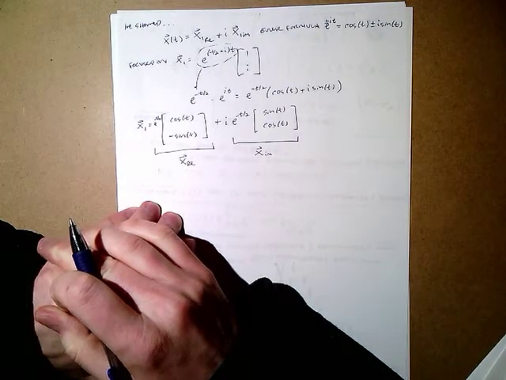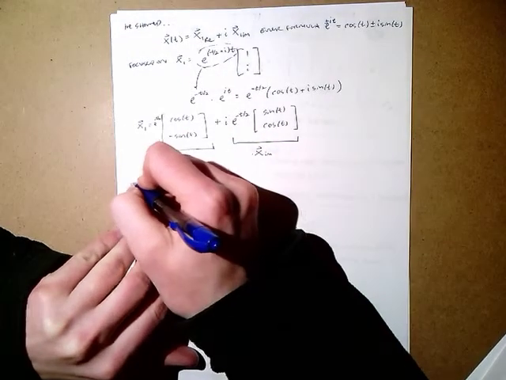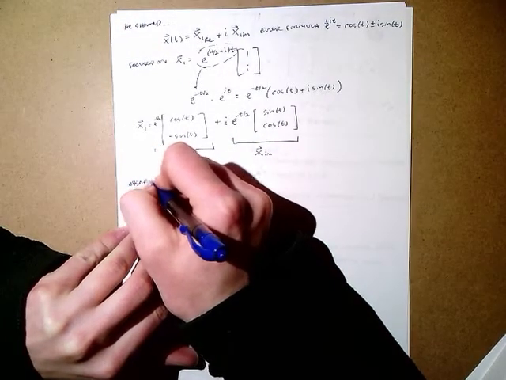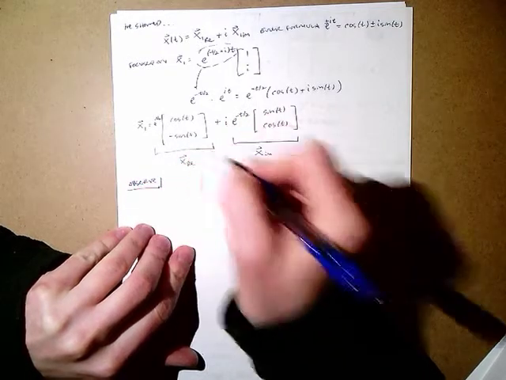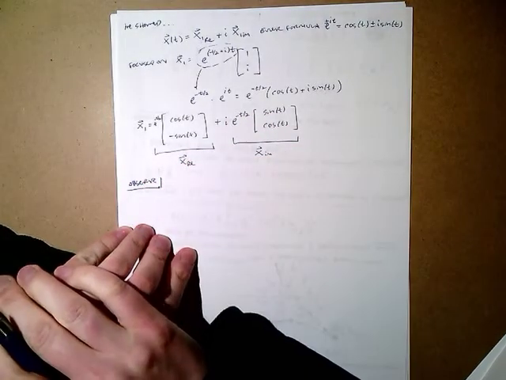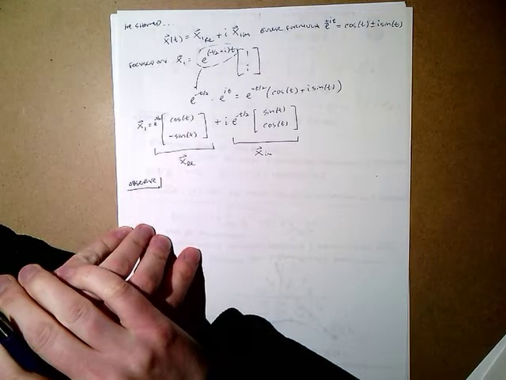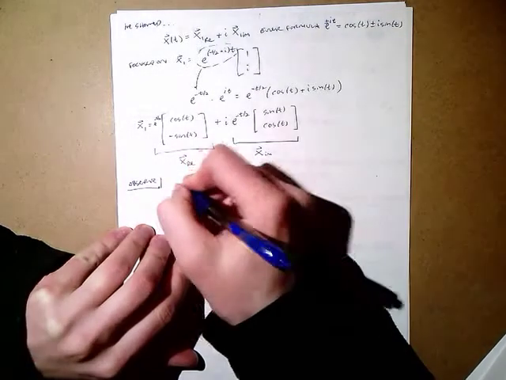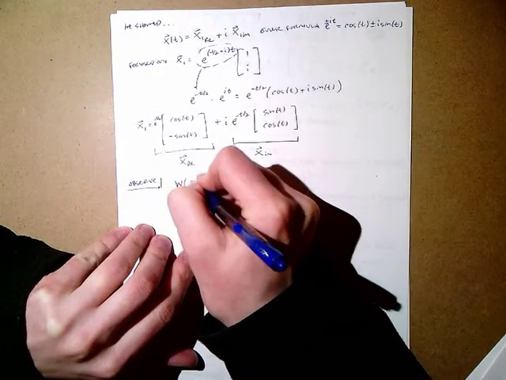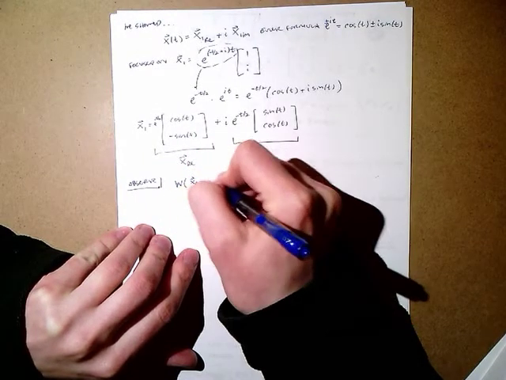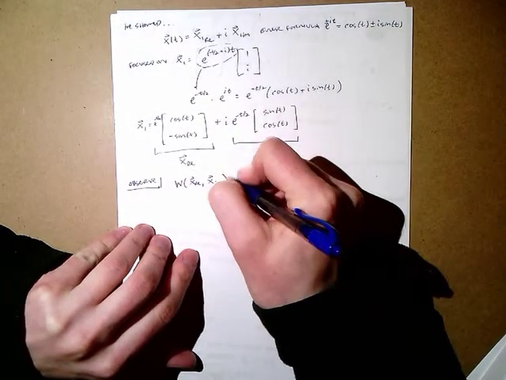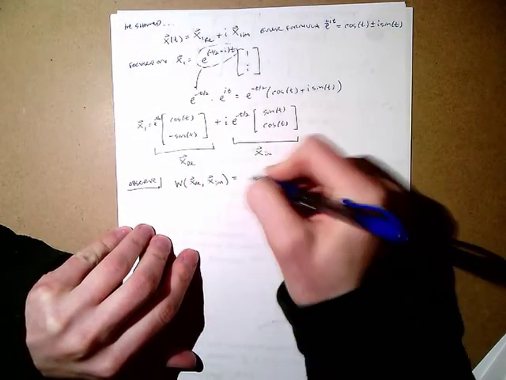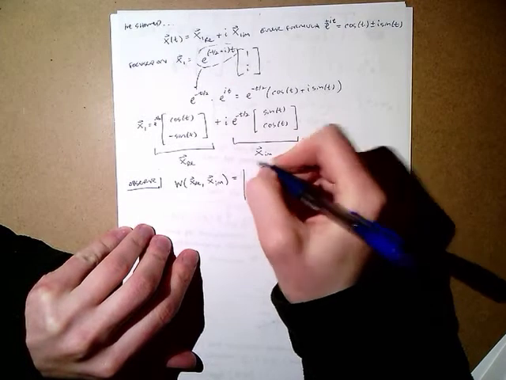But what's interesting is these two vectors, the real and imaginary component of x1, turn out to be linearly independent. And I can check this by computing the Wronskian determinant formed by these two vectors.